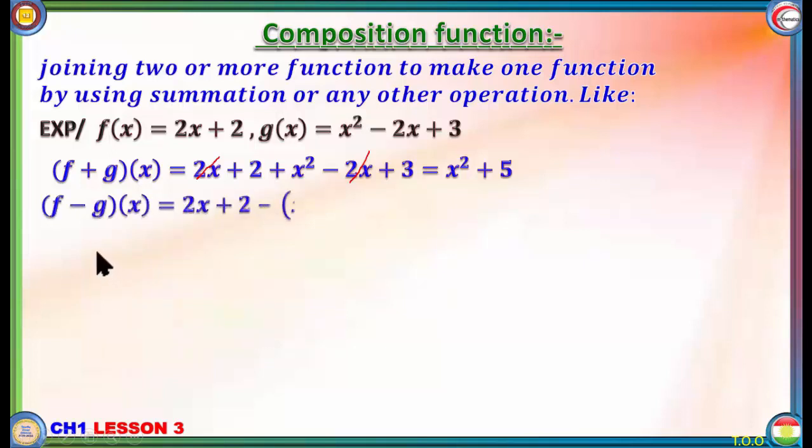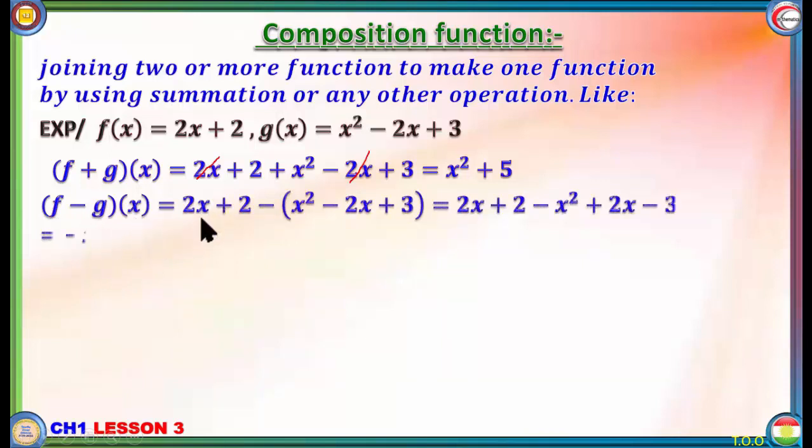If you want to use subtraction, then (f minus g)(x): write f(x), 2x plus 2, then minus, then open a bracket and write g(x) inside this bracket, x squared minus 2x plus 3. First of all, open this bracket, then write 2x plus 2 as same, then minus times plus is minus, minus times minus is plus, and minus times plus is minus.